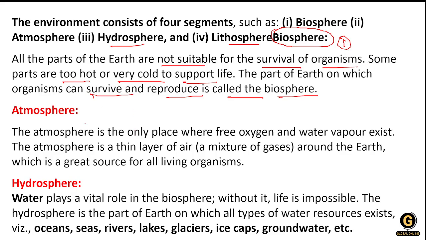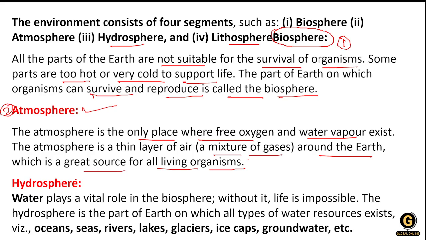Next one is atmosphere. Clear? What is it? Atmosphere. The atmosphere is the only place where free oxygen and water vapor exist. Getting it? Atmosphere is where we can get free oxygen or free water vapor. Clear? The atmosphere is a thin layer of air, a mixture of gases around the earth, which is a great source for all living organisms.